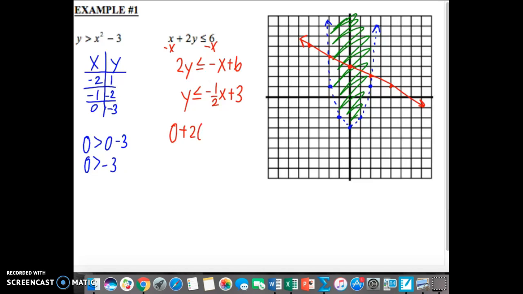So 0 plus 2 times 0 is less than or equal to 6. So we can ask ourselves, is 0 less than or equal to 6? Sure enough it is, so we would be shading below that diagonal line. So seeing where the two inequalities overlap would be within this shaded region. The solution to this system of inequalities is that shaded purple region.